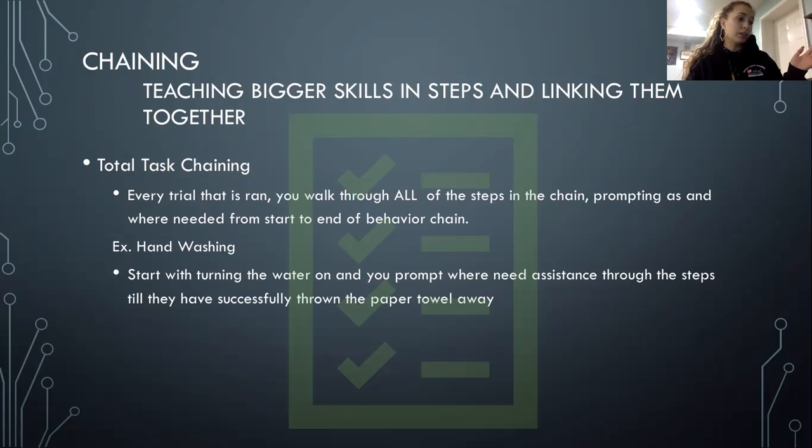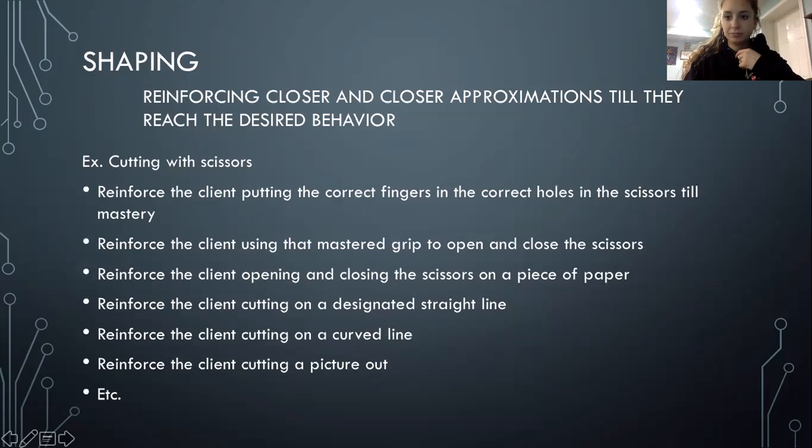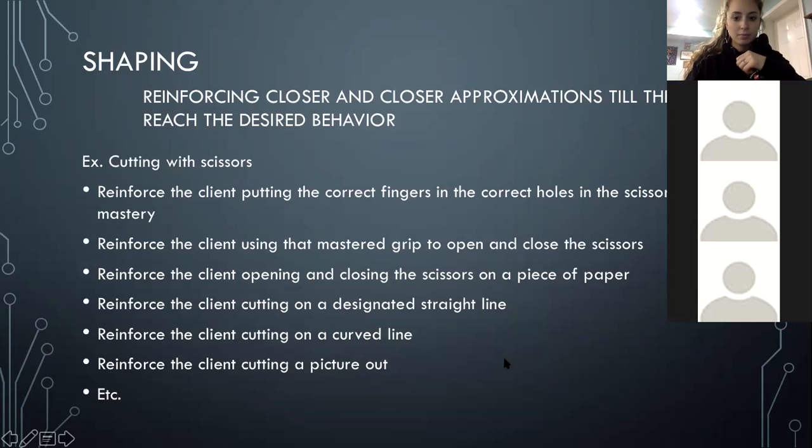So you're just going to go and have them wash their hands, and where they need assistance, you will be there to provide it. From beginning to end, from turning on the water to throwing the paper towel away. Okay. Any questions on chaining? Forward chaining, backward chaining, total task chaining.